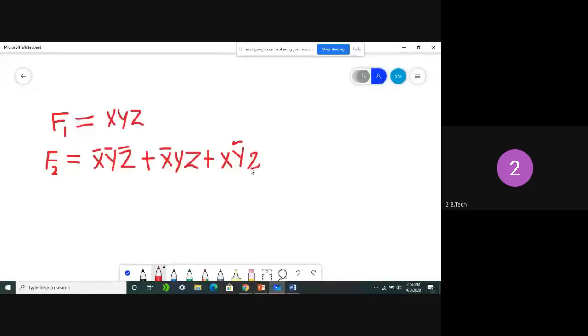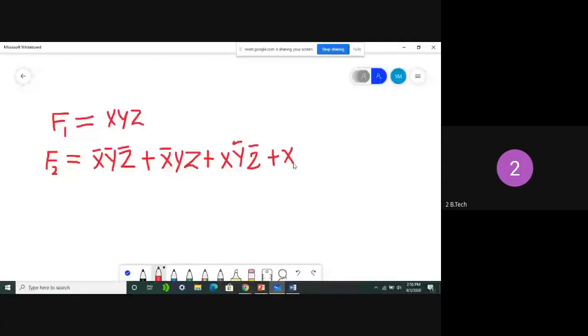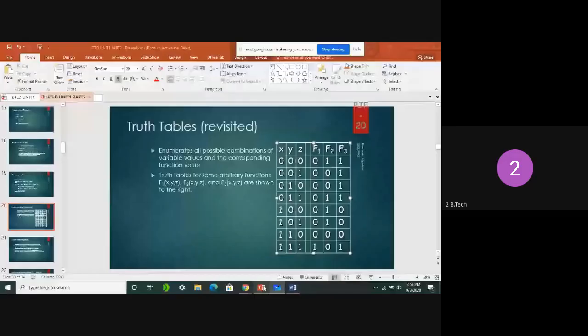What is the other relation? 101 in the sense it is going to be x plus y bar z. Is there any other term where f2 is going to be high? No, sir. So no more combinations are there. The remaining combinations are all going to be 0.